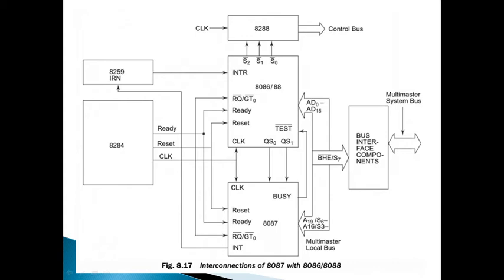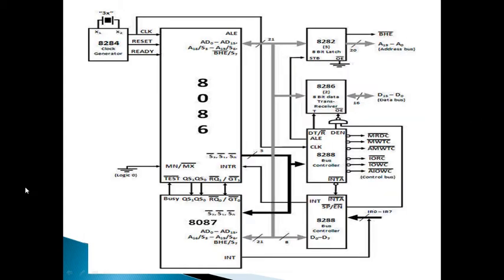Let us see the theory regarding the interfacing of the 8086 with the 8087. As a coprocessor, 8087 is connected to the 8086. 8086 operates in maximum mode, so MN/MX bar will be grounded. In the first figure we do not mention the MN/MX bar anywhere, but in the second figure we can see the MN/MX bar is connected to logic 0.